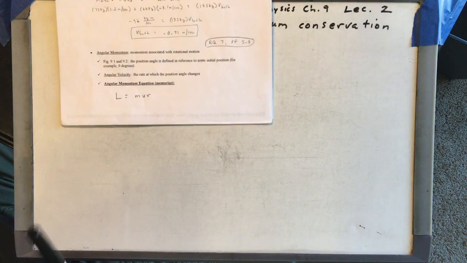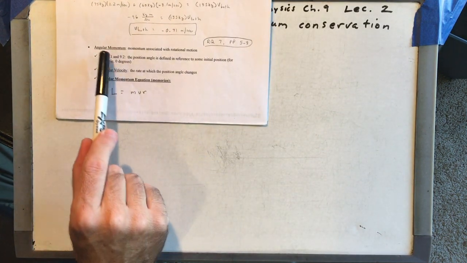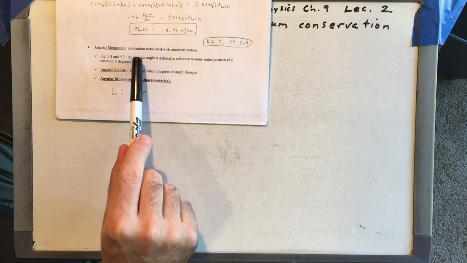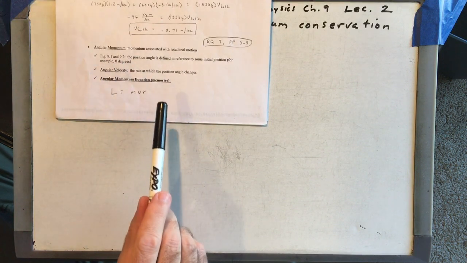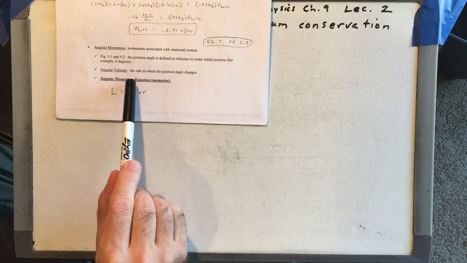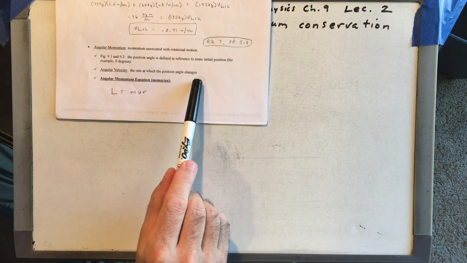All right, we're at the bottom of page 3, and we're going to talk about angular momentum. So angular momentum is momentum associated with rotational motion. If you want to look at figure 9.1 and figure 9.2, angular velocity is the rate at which the position angle changes.